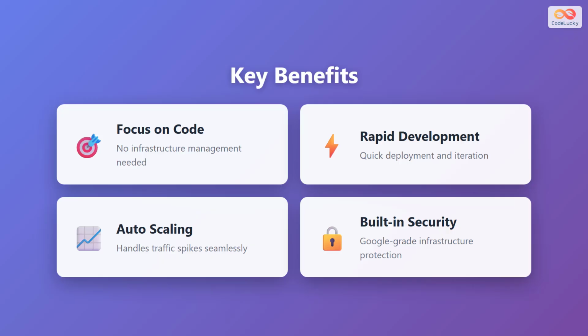Finally, you get built-in security with Google-grade infrastructure protection, including DDoS protection, encryption, and compliance certifications. App Engine truly embodies the platform as a service model, allowing developers to be more productive and focus on delivering value through their applications rather than managing servers.